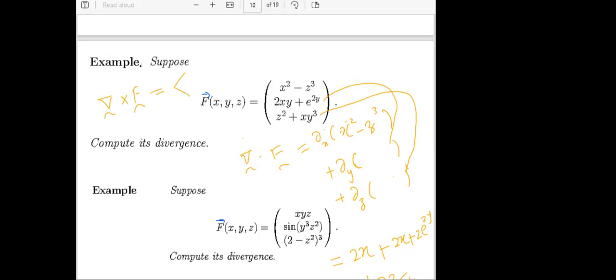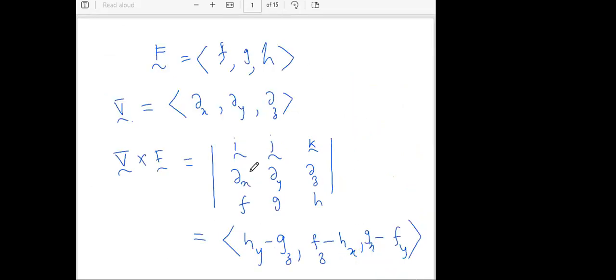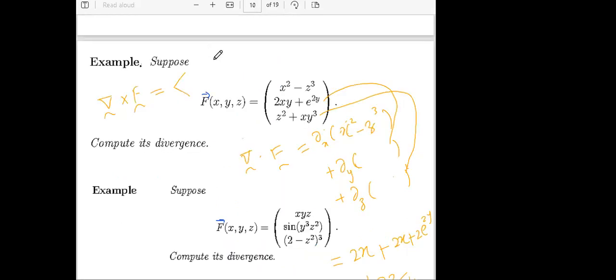First component, let's see, look at x, y, h. Okay, this is h. Take the partial derivative with respect to y. So you can very easily compute, 3x, y squared.